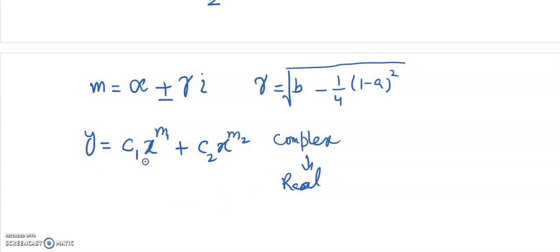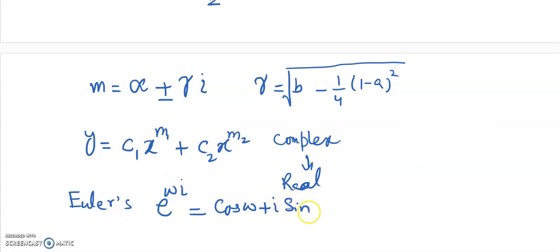This transformation can be obtained by Euler's equation. So what is Euler's equation? Euler's equation says that e to the power omega i, where omega is some real number and i is the imaginary number, is equal to cosine omega plus i sine omega.